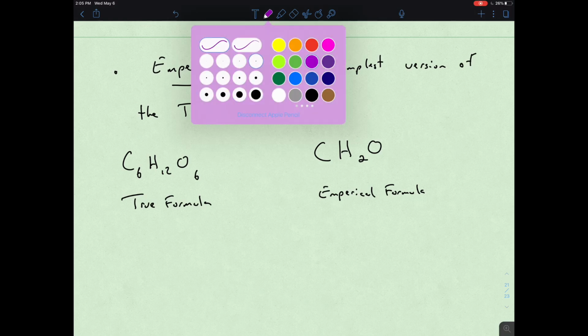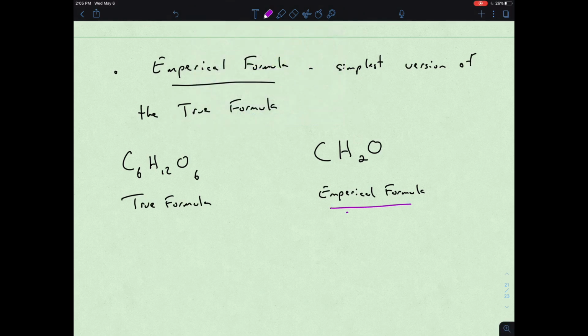And so the empirical formula is basically determined through experimentation.